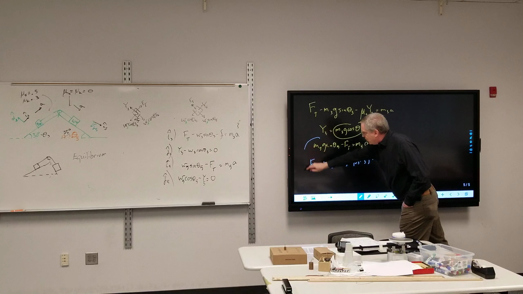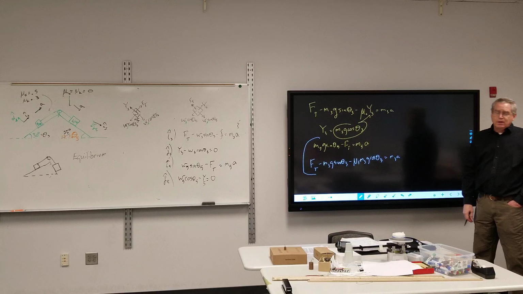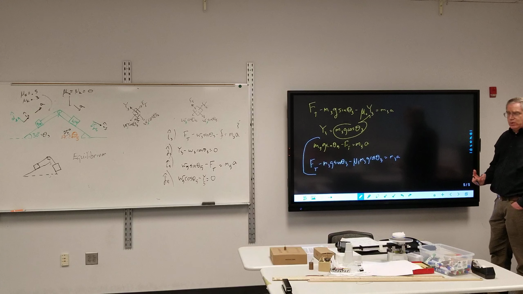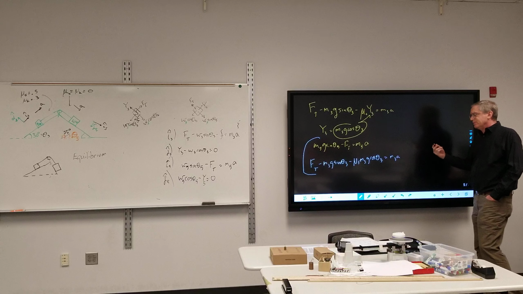I now have these two equations right here. You can solve for the tension in one and plug it into the other, since my two unknowns are tension and acceleration. Or I can just add the left-hand sides, add the right-hand sides.